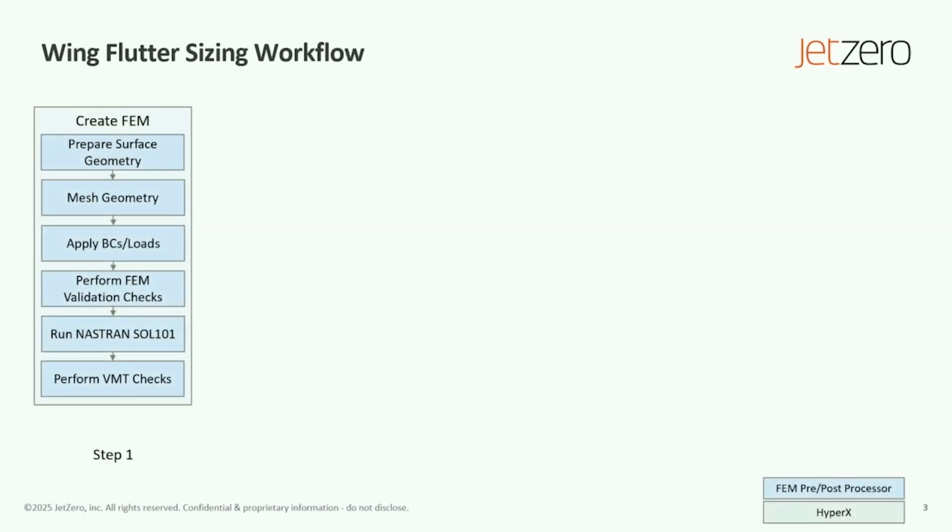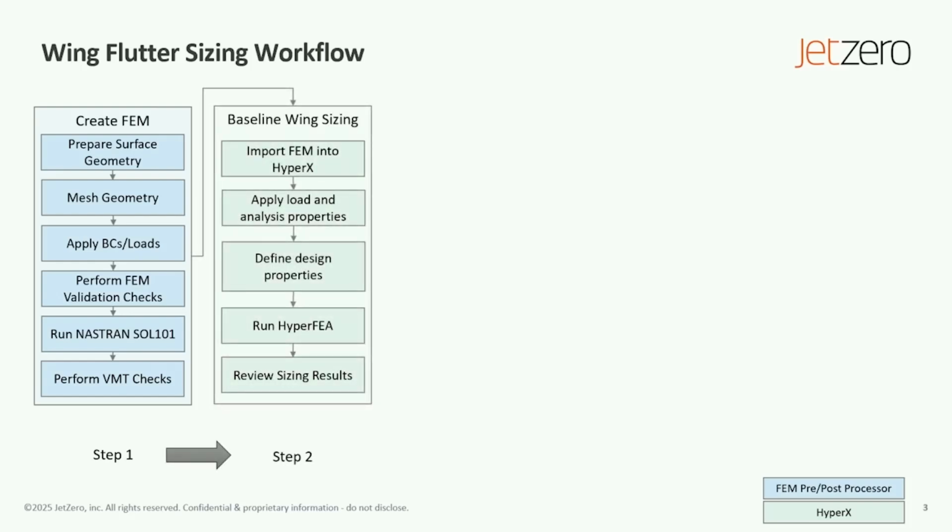First, we create a FEM with traditional FEM creation methods. We run our linear static analysis, perform VMT checks, and then move on to our first HyperX baseline wing sizing. We bring the FEM into HyperX, apply our load analysis properties, run HyperFEA, and this will size our wing for strength and stability.